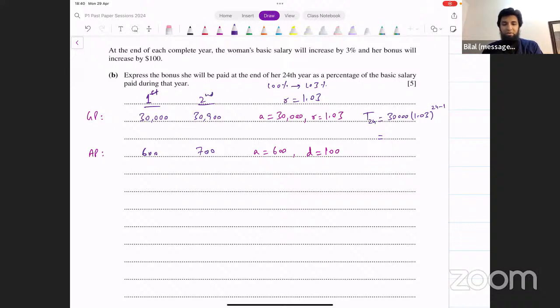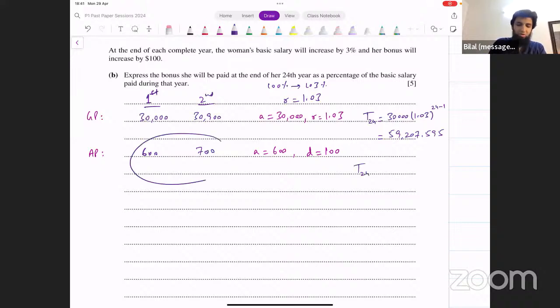Let's see what that turns out. 30,000 times 1.03 raised to the power 23 is giving me 59,207.595. That's what the basic salary becomes after 24 years. What about the bonus?